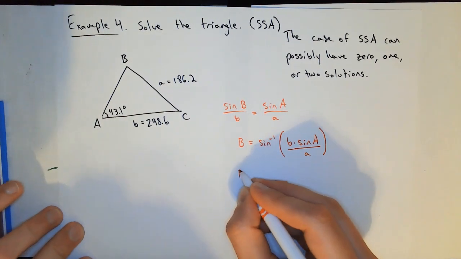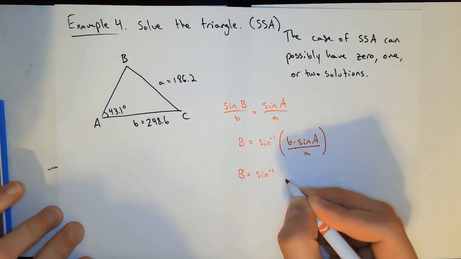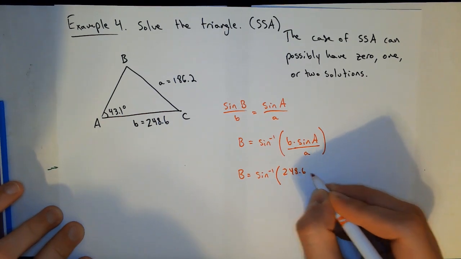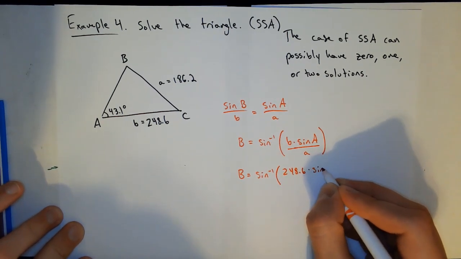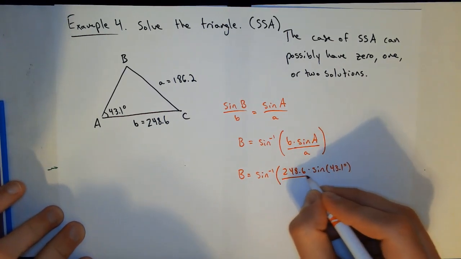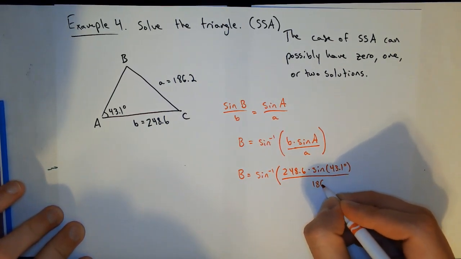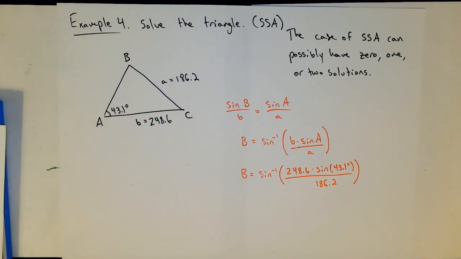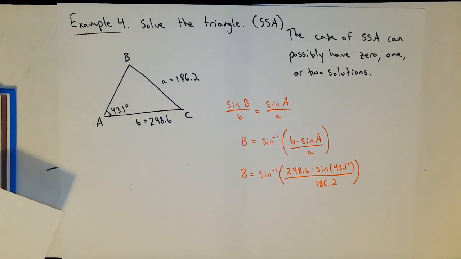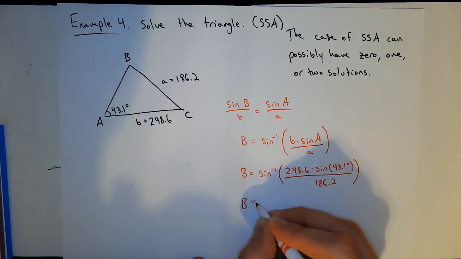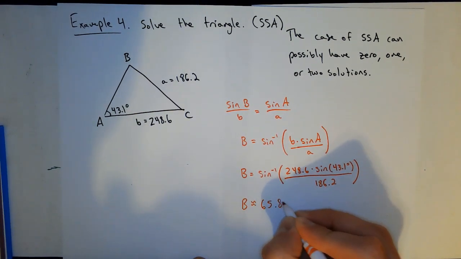So that means B is going to be equal to sine inverse of 248.6 times sine of 43.1 degrees over 186.2. Calculator went somewhere. Okay, so I'm getting B is approximately 65.8 degrees.